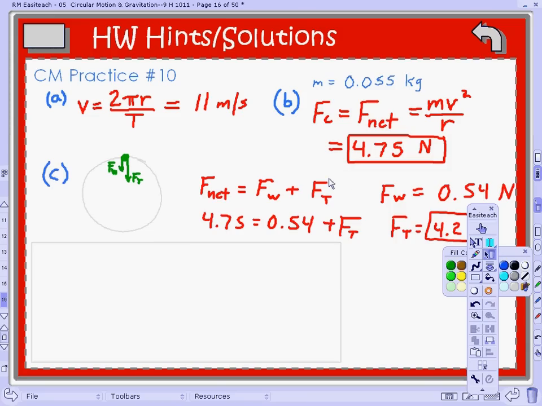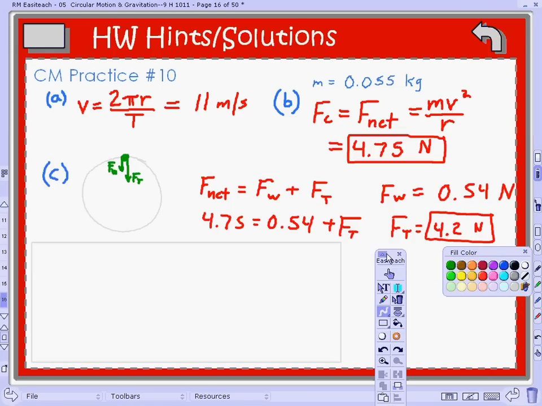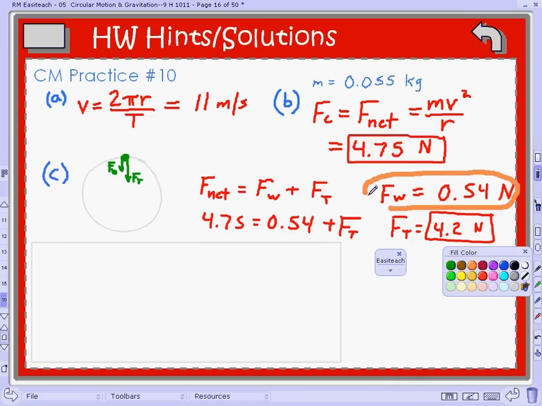So I know that the net force is those two added together. That's what this equation right here is simply saying, that the net force is those two added together. The 4.75 is the net force. Calculate the weight using force weight equals mg. I believe I multiplied by 9.8 in this case.